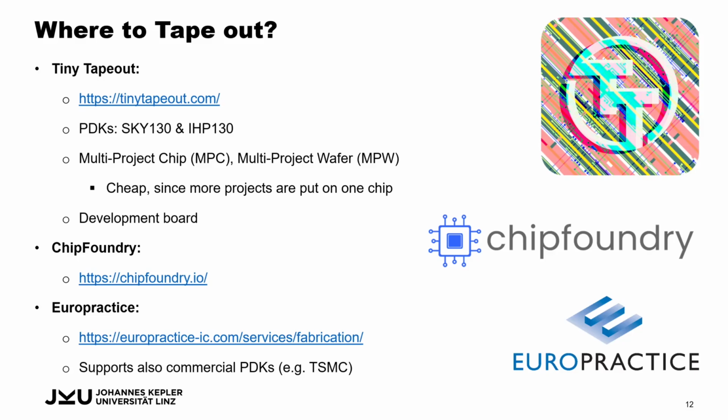So you have one die with a lot of different projects on there, and they can all be selected individually with a mux. All designs are open, available on GitHub, and everyone who buys a chip and evaluation board can in the end test other designs, which makes it also really nice for teaching or for the academic way.